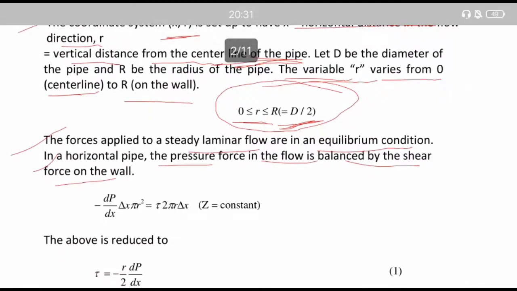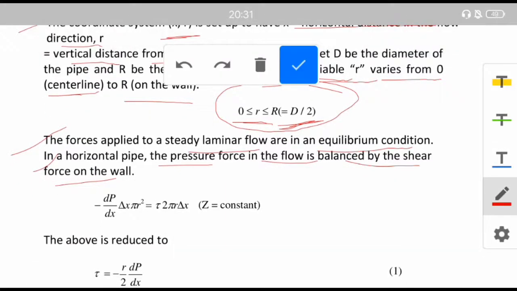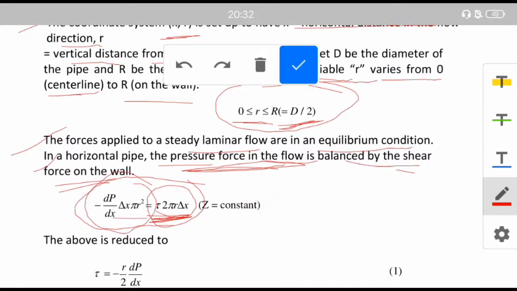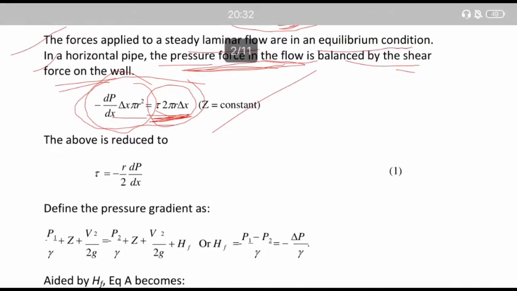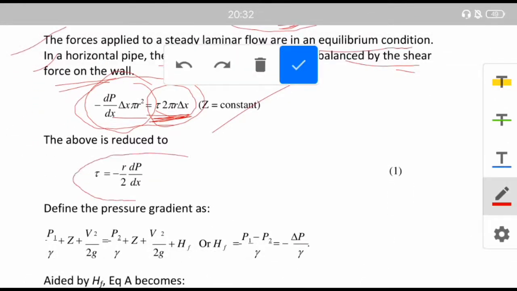This is defined by this equation: the force due to the shear stress, tau times 2 pi r times delta x, is equal to minus dp upon dx times delta x times pi r square. If we reduce this equation, tau is equal to minus r by 2 multiplied by dp upon dx.